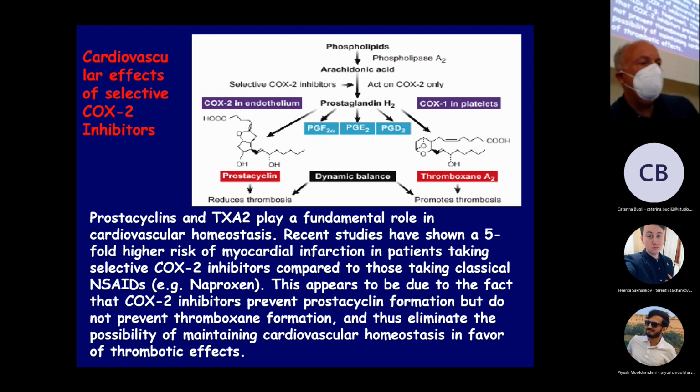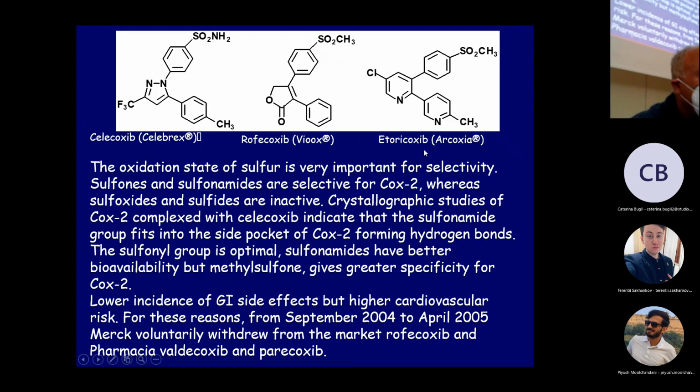At that time, when these three companies produced and put these three compounds on the market, they knew the situation.